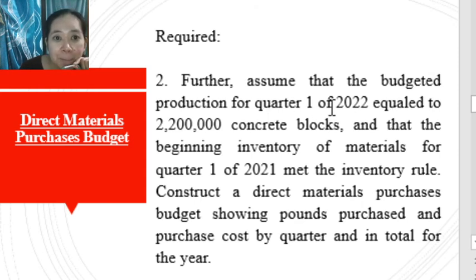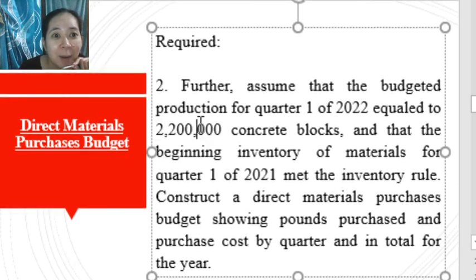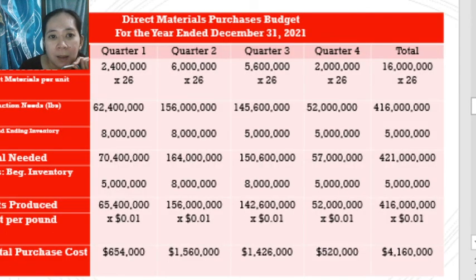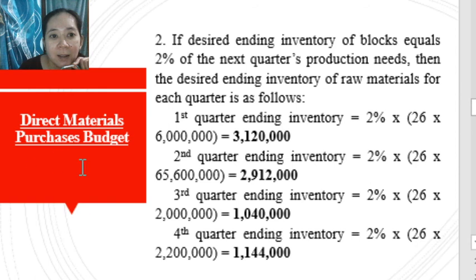So here, their budgeted production is 2.2. This is their requirement for the next period. That's why, if you could notice, in our solution right here, for the fourth quarter, it's based on 2.2. This is the requirement for 2022, the next period. Okay, this is where our 2% will be based.